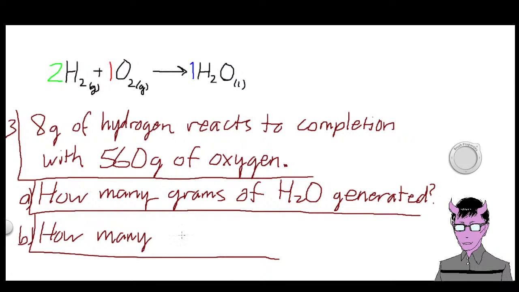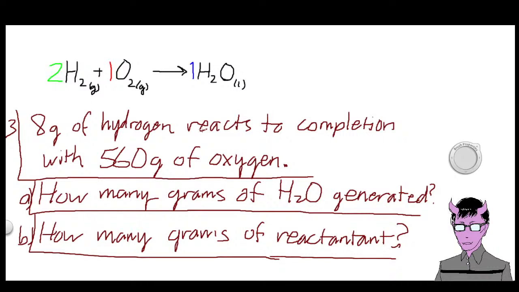Now you see there's going to be use for the other excess reactant. But, you know, we'll take it one step at a time. How many grams of reactant left over? And that's a pretty typical problem. So just 2 parts. We have part A and then we have part B.